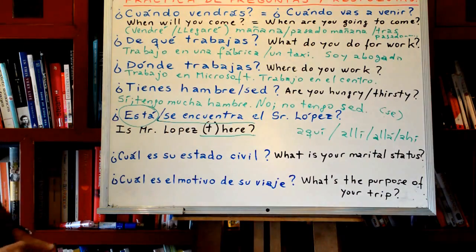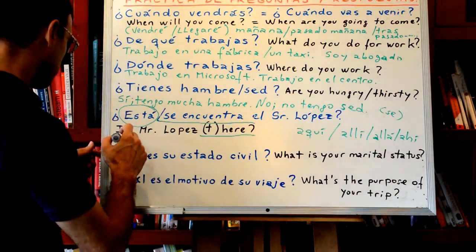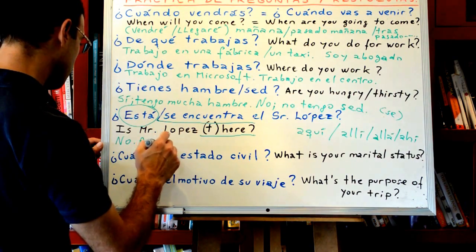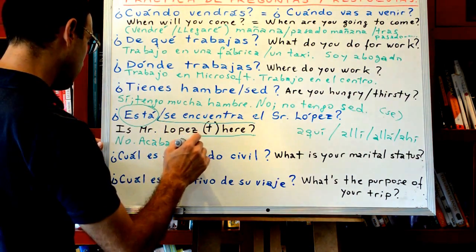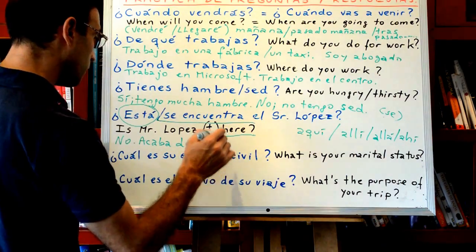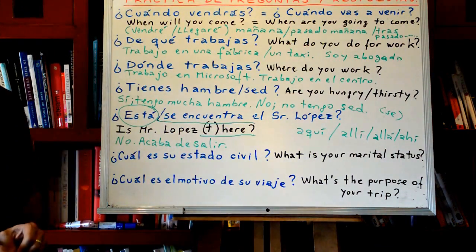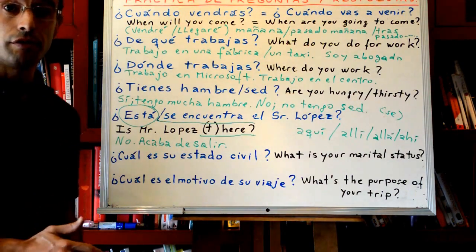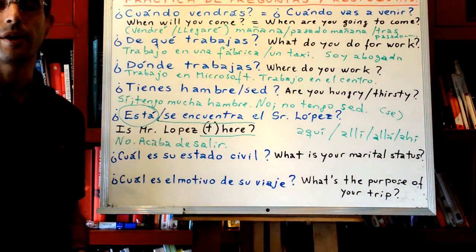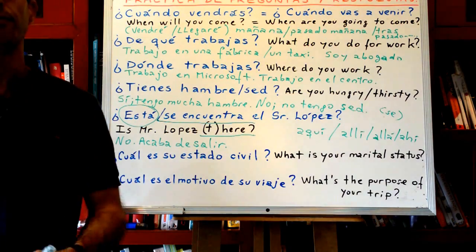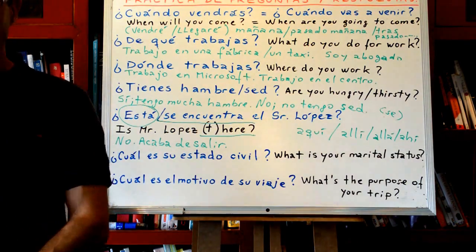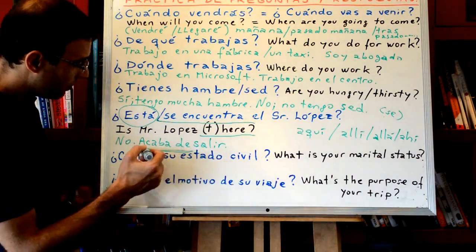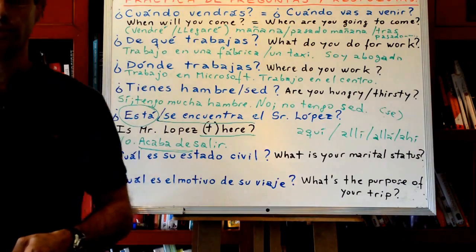Good. The answer could be, for example, no, acaba de salir. Acaba de salir. No, he just left. Acaba is a verb, right? From acabar, which means to finish doing something, okay? But acabar de is used like just, okay?